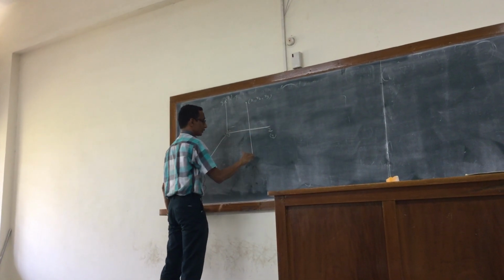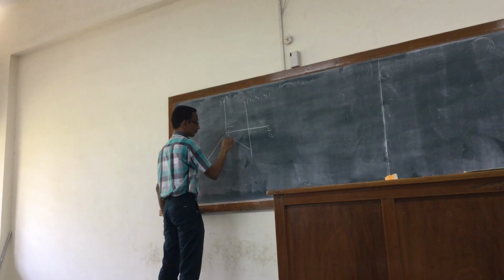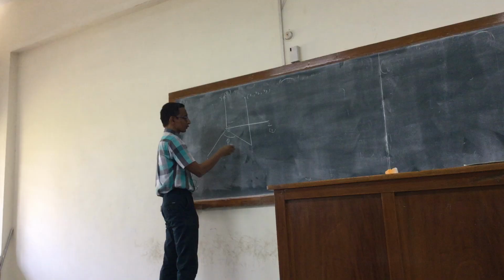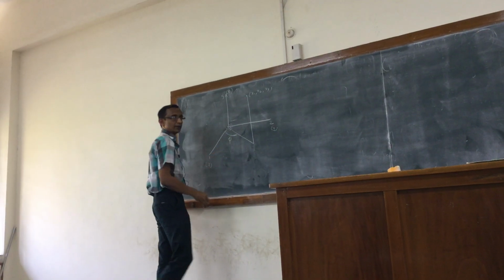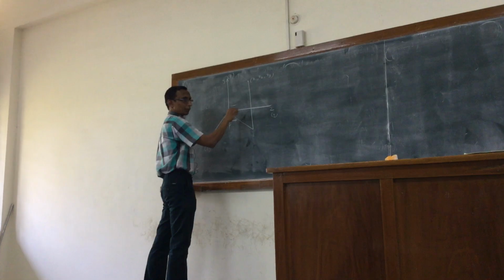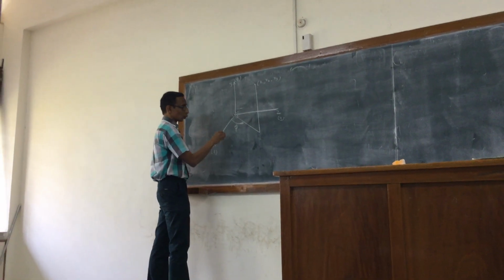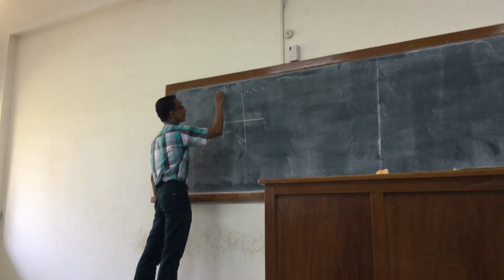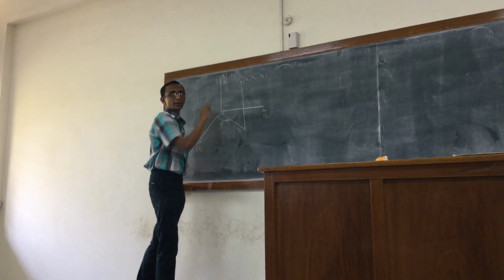We have already defined this. This is the angle made by this projection onto the xy plane. This is phi. In the cylindrical coordinate, I can take it as being measured from the x-axis, the O1 axis. This is RC, and this is ZC, equal to z.